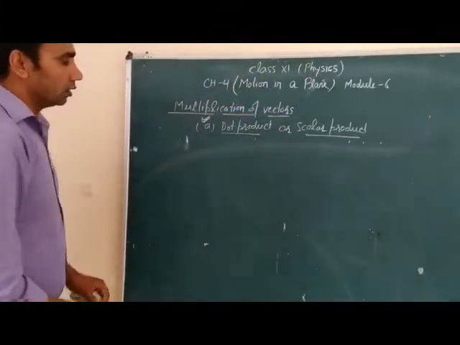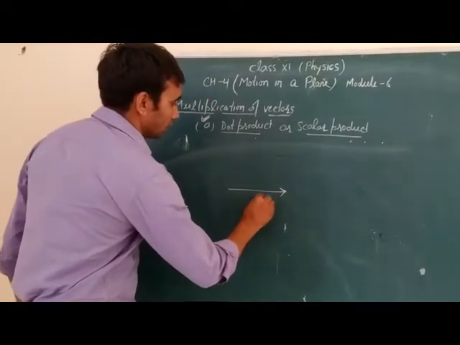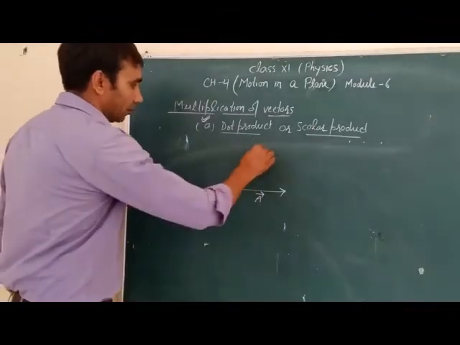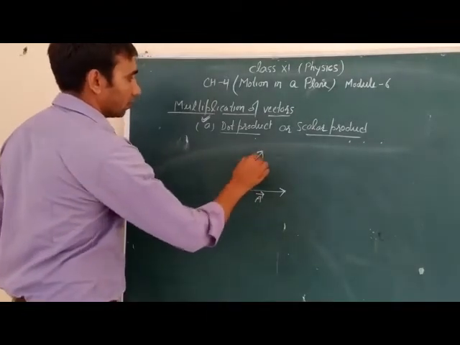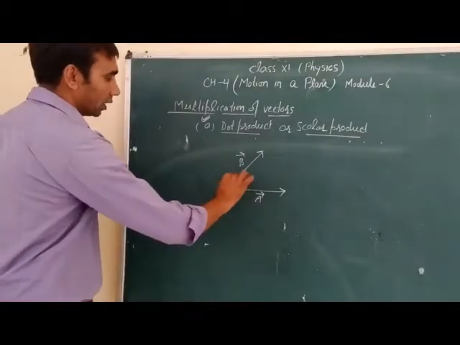Let us take this as vector A, and this is another vector B, and theta is the smaller angle between them.